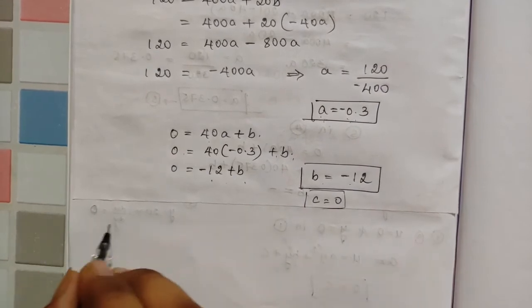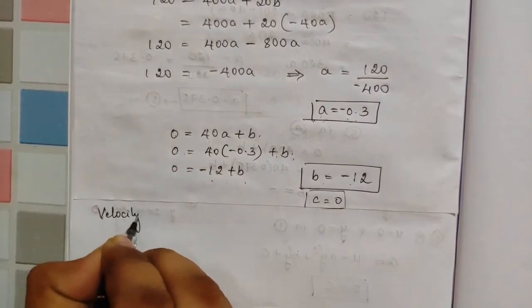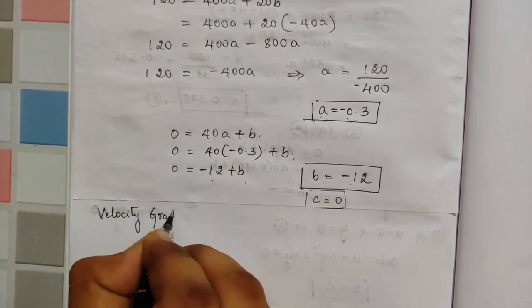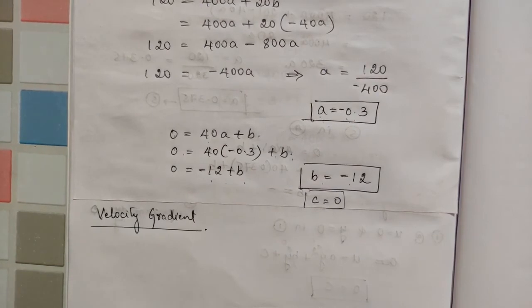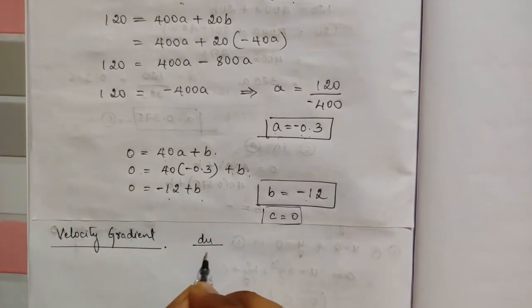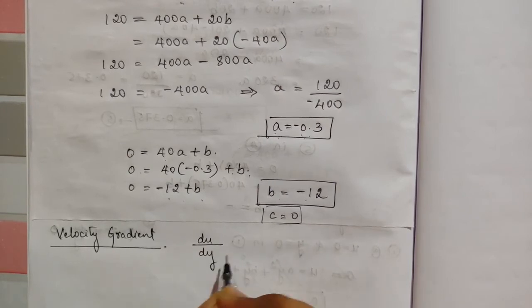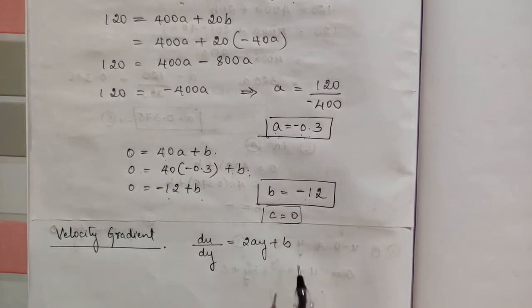So to find the velocity gradient, what is the equation? That is du by dy is equal to 2ay plus b.